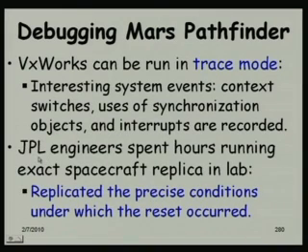And the Jet Propulsion Laboratory engineers spent hours trying on a replica of the spacecraft that they had in the lab, where they had set the trace mode on, and they were trying to replicate the precise conditions under which the reset was occurring.